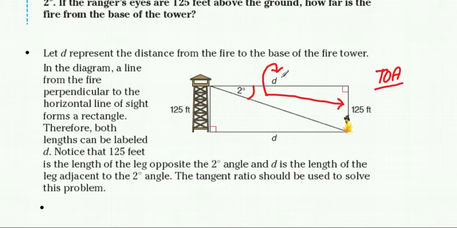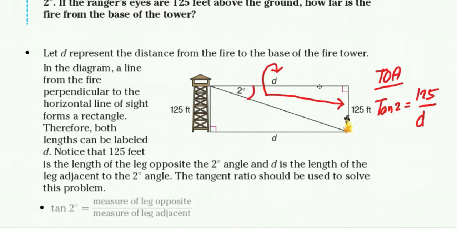So basically, we are creating tangent 2 degrees equals 125 over D. And that's exactly what we have here. Don't worry about that jumping thing at the bottom. Take care of that later.